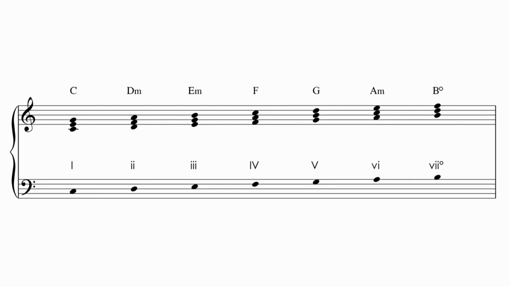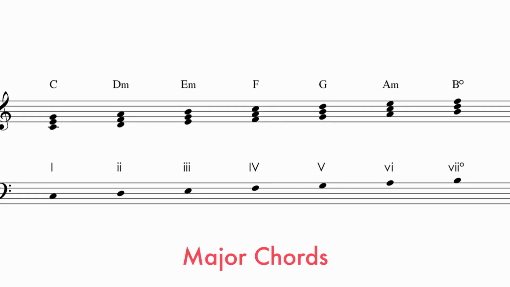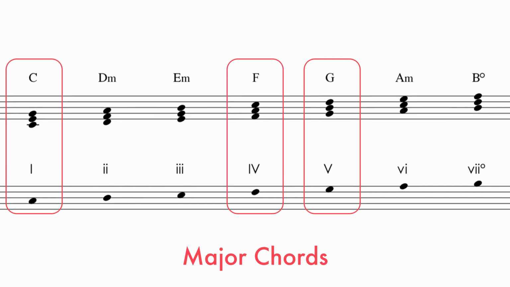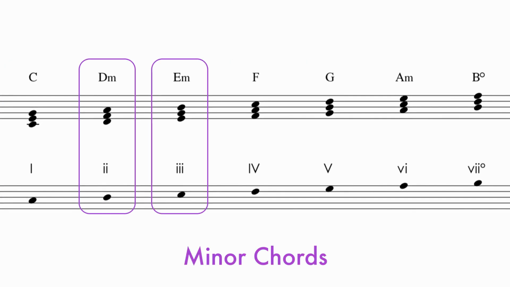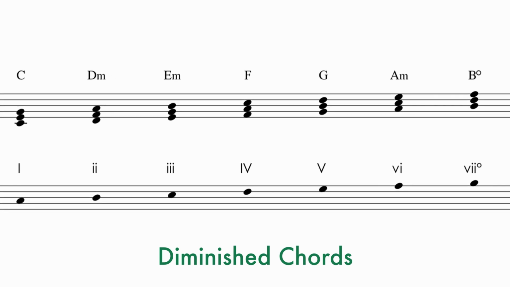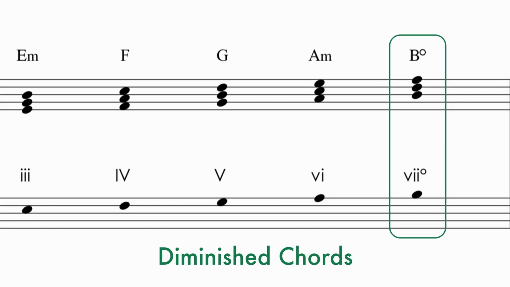When writing Roman numerals, major chords are denoted with capital Roman numerals, so 1, 4, and 5 in the context of C major. Chords 2, 3, and 6 are given lowercase Roman numerals, and diminished chords in Roman numerals are denoted with a little superscript circle above the Roman numeral. So B diminished is chord 7 in C major.